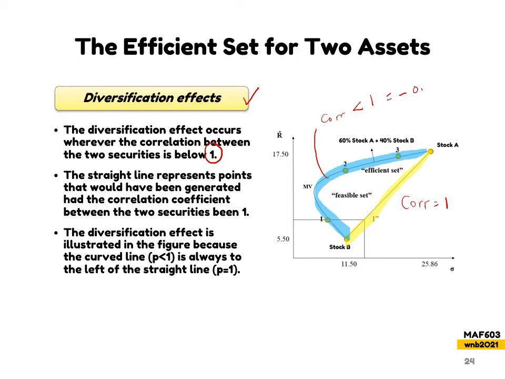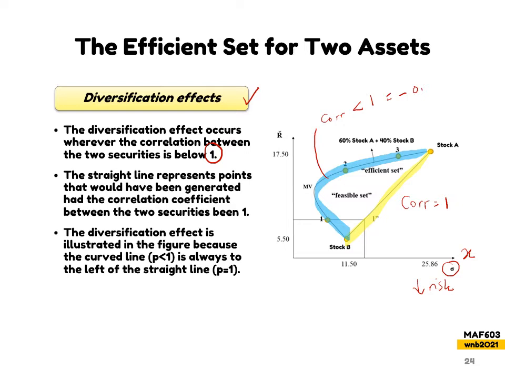What I want to highlight is why we have a curved line here. Because the correlation is less than 1. So if our curve is skewed to the left, it will always be to the left of the straight line, meaning that we can reduce the risk, because the x-axis here measures the risk, as SD symbolizes the risk for the investment.